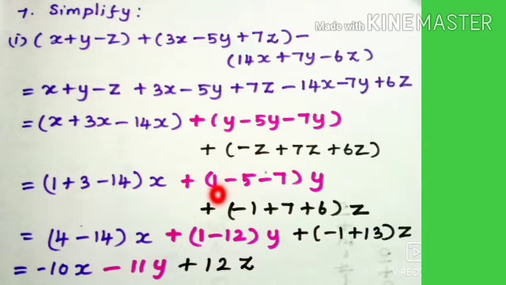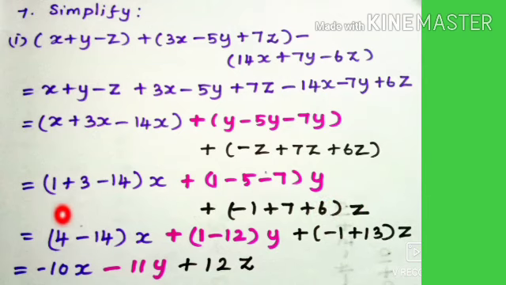And in the second algebraic expression, 1 minus 5 minus 7 are the coefficients of y. And in the last one, minus 1 plus 7 plus 6 are the coefficients of z. So now in the next step, 1 plus 3 is 4 minus 14x, 1 minus 5 minus 7 gives minus 12y, plus minus 1 plus 6 plus 7 is 13z.